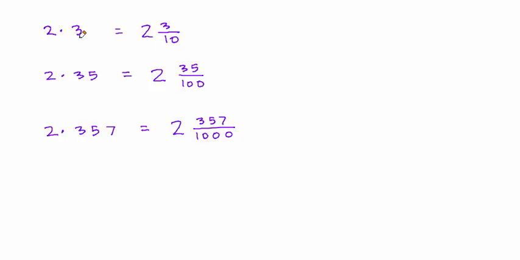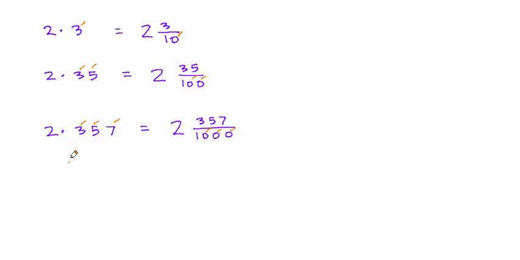You might have already observed that the number of digits after the decimal point is the same as the number of zeros after 1 in the denominator. So for one digit you have 1 0, for two digits you have 2 zeros, for three digits you have 3 zeros, and so on.